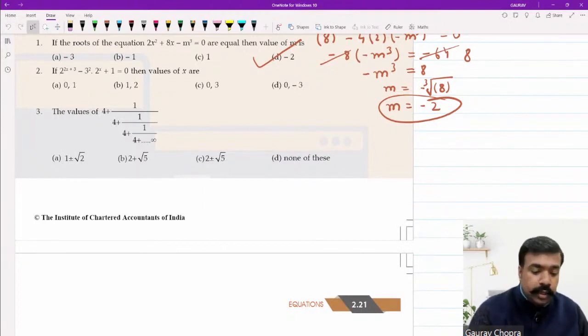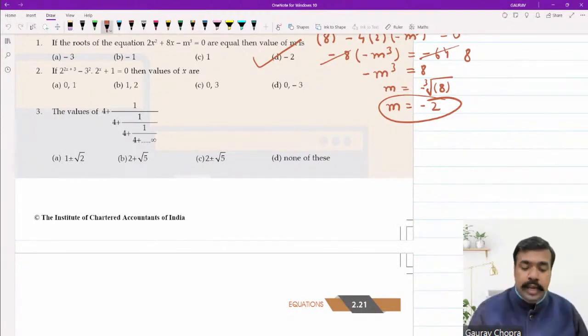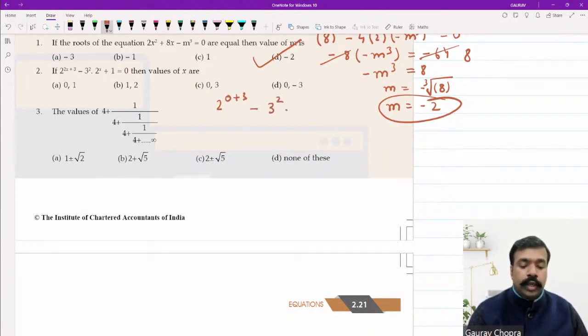See, if we substitute 0 in place of x, it will be 2 to the power of 2 times 0, which is 0, plus 3, minus 3 squared into 2 to the power of 0, plus 1, equal to 0 as given. So this will become 8 minus 9 plus 1.